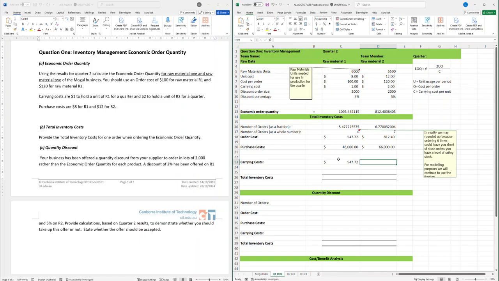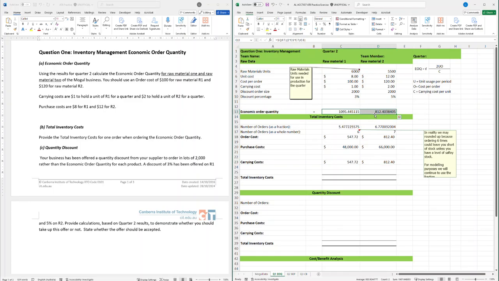Essentially, to use the formula, it is equal to your actual amount divided by 2 times your carrying cost. Again, the reason we have to divide by 2 is we want an average number of stock times the carrying cost. Your average number is the beginning balance plus your ending balance, divided by 2. Your beginning balance is your EOQ.